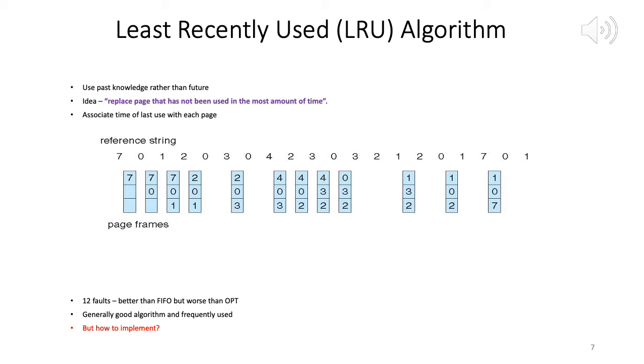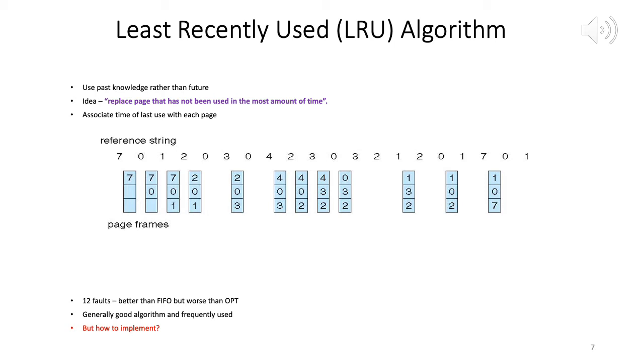So we may not know information about the future, but we definitely have the information about the past. So with respect to page replacement, we do know in recent history which pages have been accessed. We know that pattern. Okay, so the idea here is to replace the page that has not been used for the most amount of time.